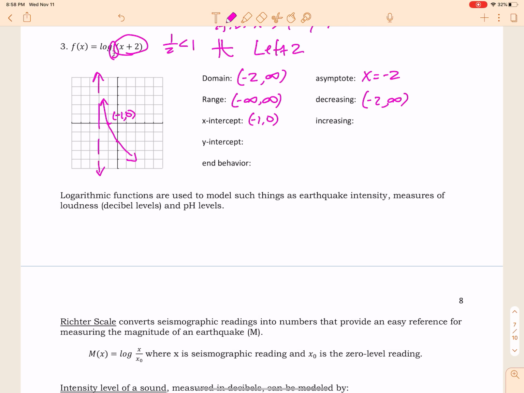The y-intercept involves some calculation with log. We're not going to do that right now. It is not increasing. End behavior, remember, occurs right here: as x approaches positive infinity, y approaches negative infinity. And for the asymptotic behavior, as x approaches -2 from the positive direction, y approaches positive infinity.